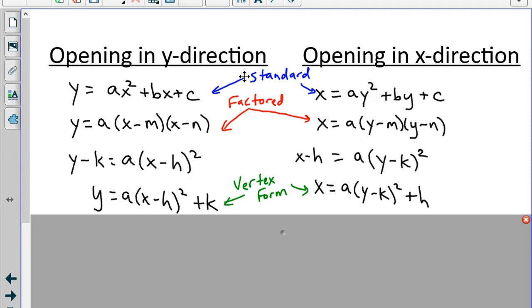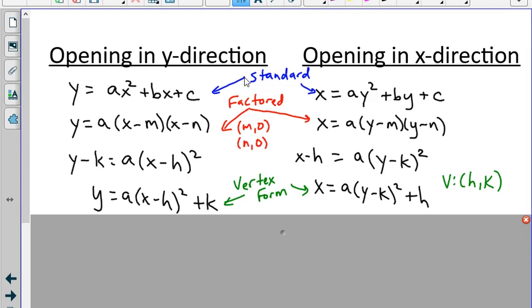Now, notice that vertex form gives us the vertex. So the vertex in vertex form is going to be h comma k in both cases, whether it opens in the y direction or x direction. In factored form, we have intercepts. So the intercepts when it opens in the y direction are m comma 0 and n comma 0.